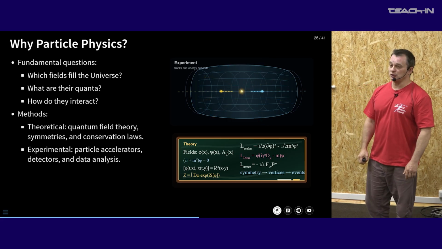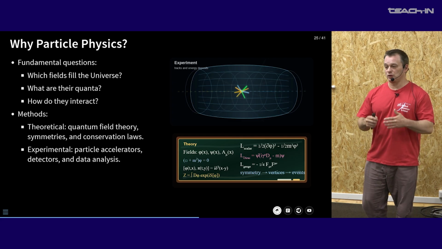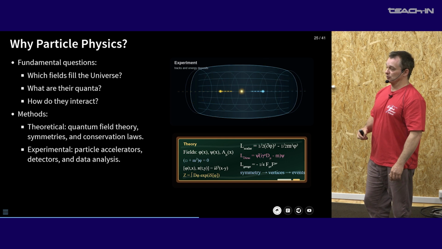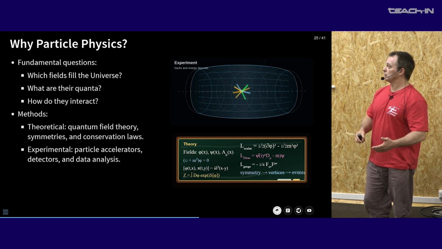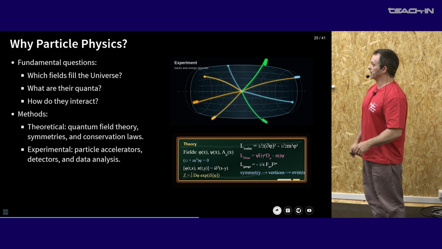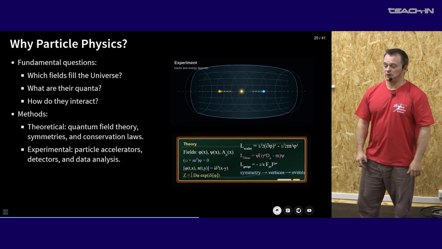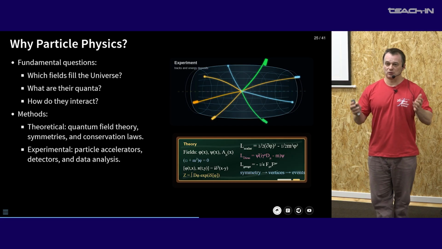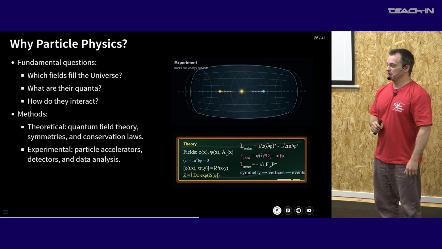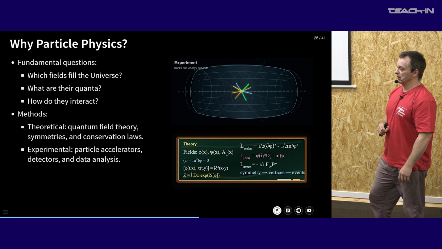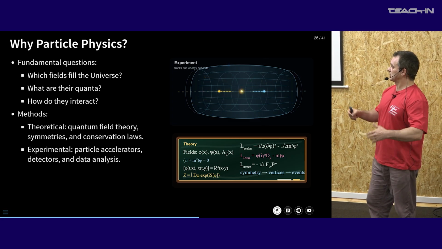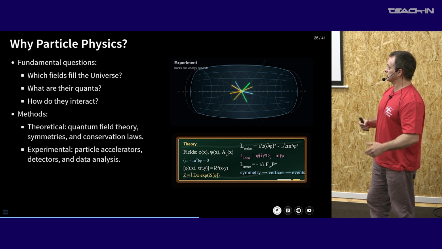And there are basically two different methods to attack these problems. One set of methods is purely theoretical. You construct a theory which should be based on quantum field theory, which should exploit some symmetries, some conservation laws, and all this theoretical fancy language. Another method is experimental: particle accelerators, detectors, and data analysis.